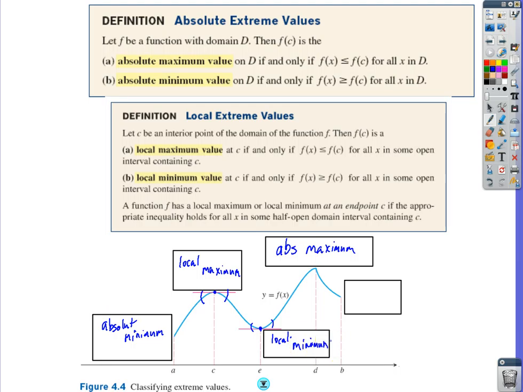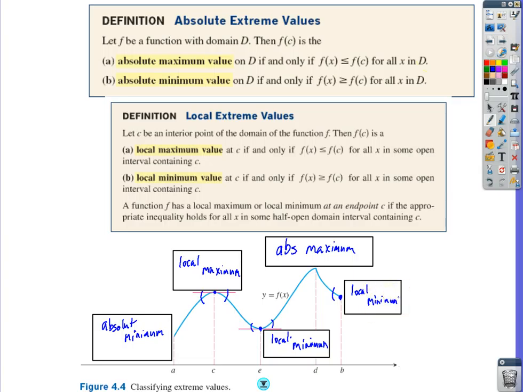Okay. But what about this endpoint over here? This part right here. I take a look at its neighborhood around here. Notice I don't have anything off to the right. So I have to take a look at, well, what about just the neighborhood over here? Everything above me is higher than this, so because of that, it is a local minimum. Okay?